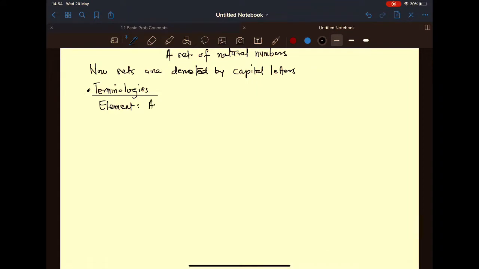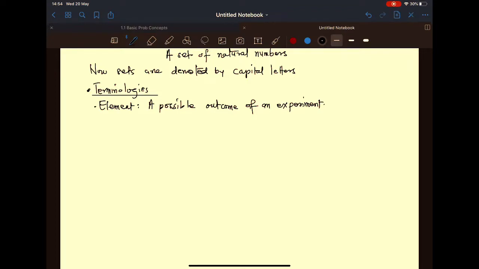So we define an element as a possible outcome of an experiment. In our case, we discussed the flipping of a coin as our experiment.